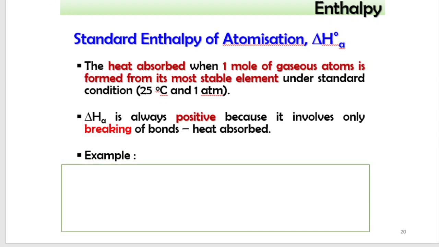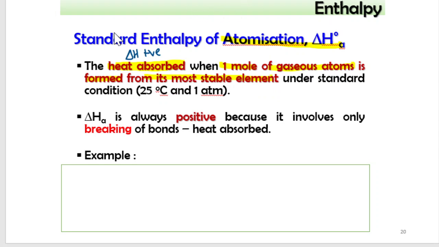Alright, so now we look at standard enthalpy of atomization. So, what is the definition of atomization? Okay, this is heat absorbed. So if heat is absorbed, your delta H must be positive. When 1 mole of gaseous atom is formed from its most stable element under standard condition.